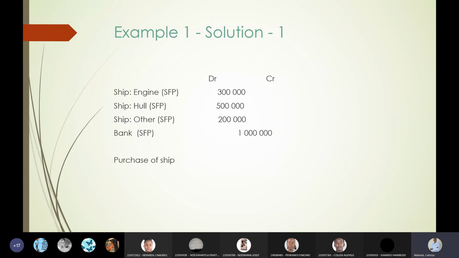How will the ship be recorded in the statement of financial position on the date of acquisition? Anyone? No one?